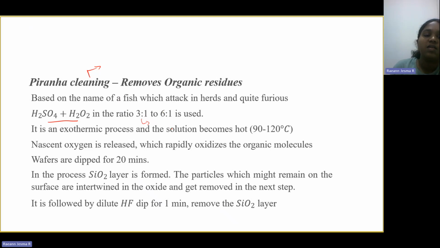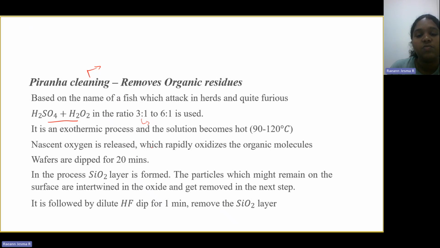This solution is an exothermic process. When you mix these two chemicals, a lot of heat is generated and the solution becomes hot. As time goes, the reactivity of the solution will start to decrease. When the two components are mixed, nascent oxygen is released.